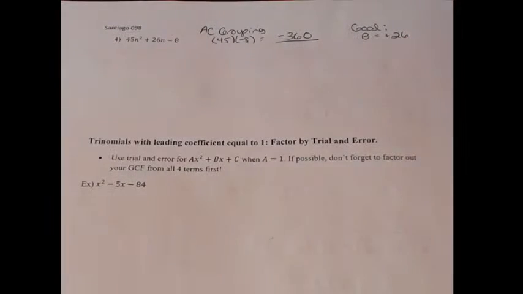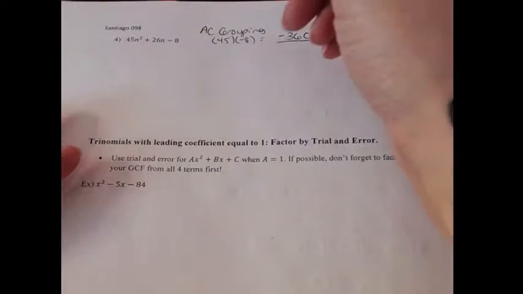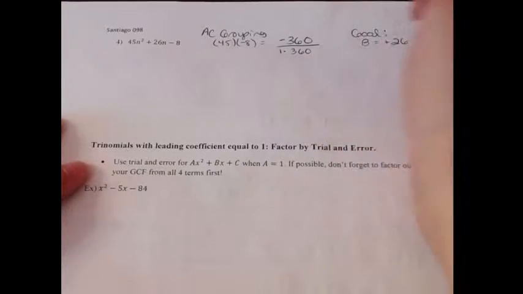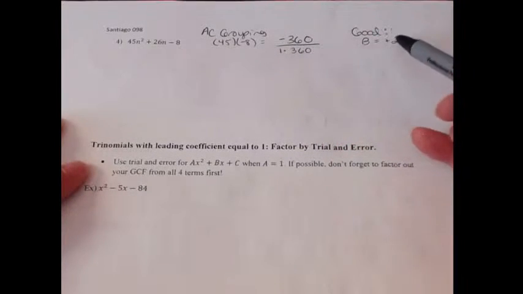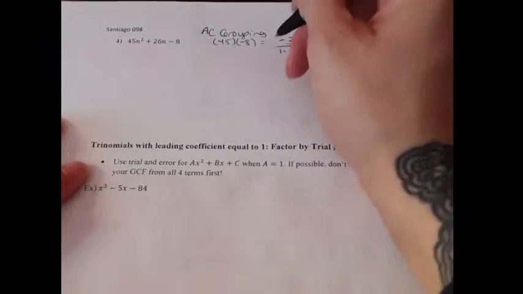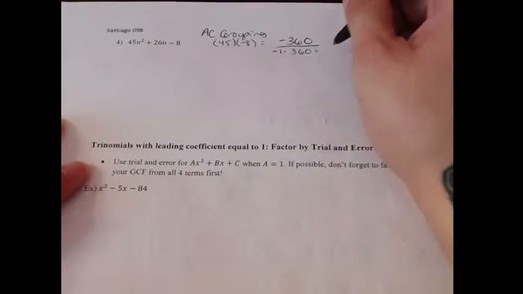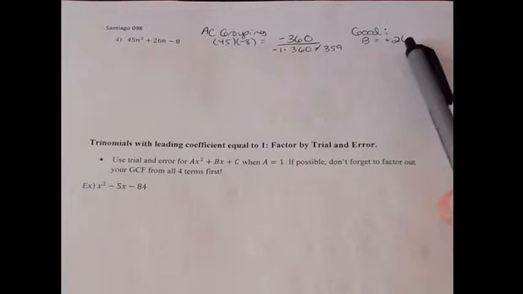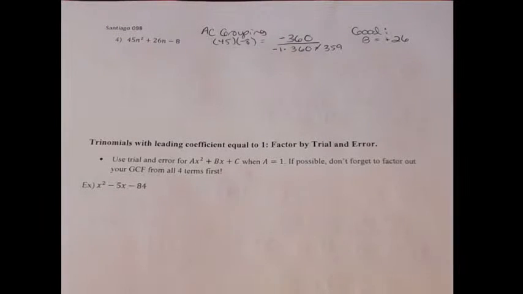So one number is positive, one number is negative. So for instance, we can write out the first one, 1 times 360, right? And we know that our larger number has to be positive, the lower number has to be negative. So this is going to give me 359, and that's way far away from where we want to be. So what we could do is literally list every single factor pair.